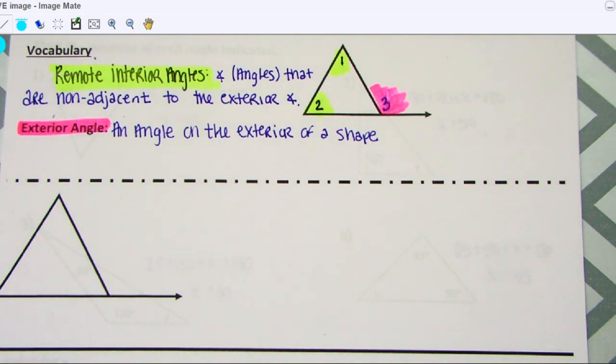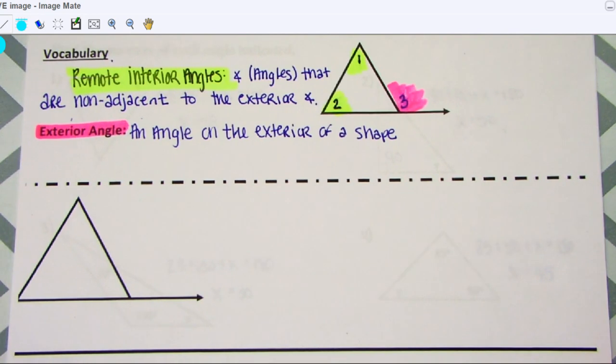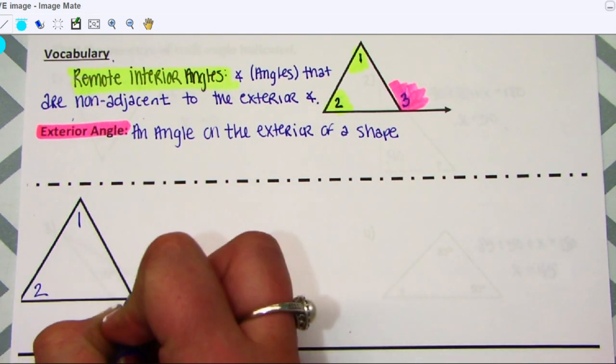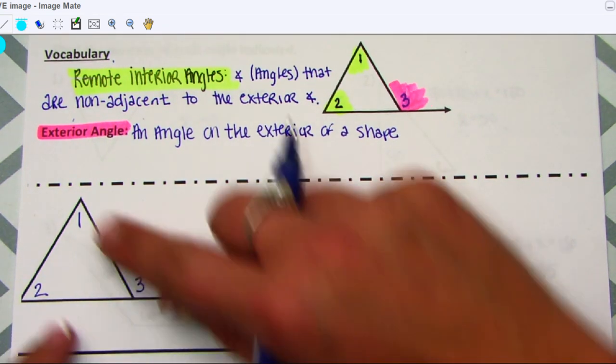Okay. Now, just like with anything we've done, there is an important formula that goes along with remote interior and exterior angles. So down here in the center, we're going to talk about them. So I'm going to label 1, 2, and 3 just like we did before. If we had little triangles and we ripped the edges of the triangle off, angle 1 and 2, we could perfectly overlap angle 3 with these 2 angles.